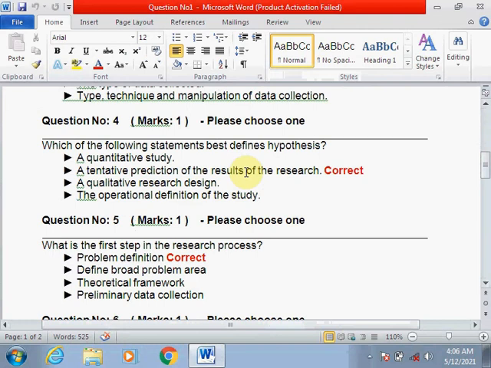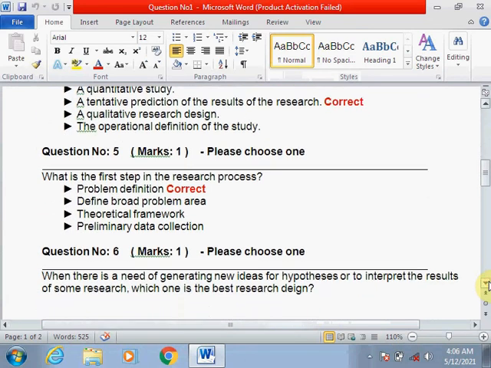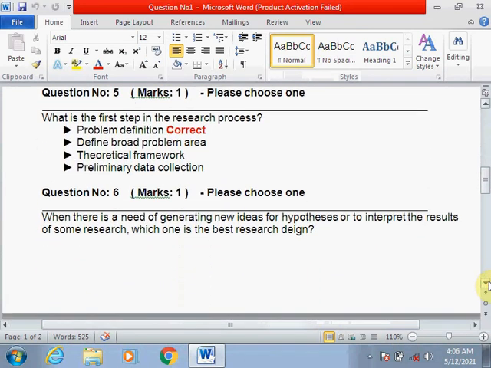Next question, question number 5. We will see what is asked in question number 5. What is the first step in the research process?